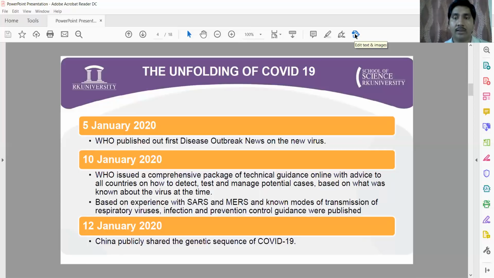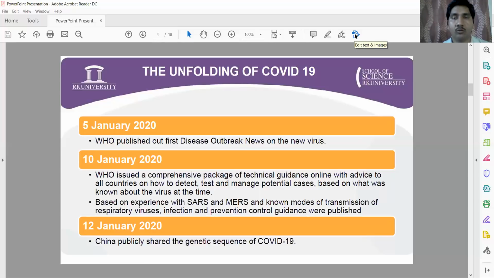All these guidelines were based on what they had observed until that time and on their previous experience with SARS and MERS, which came up as outbreaks in 2002 and 2012.